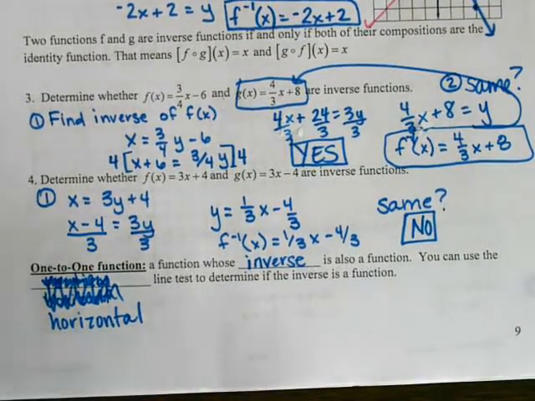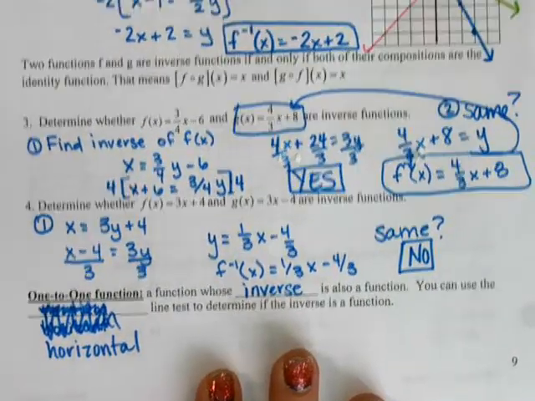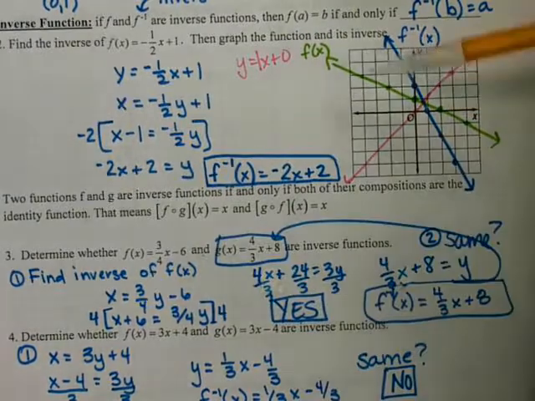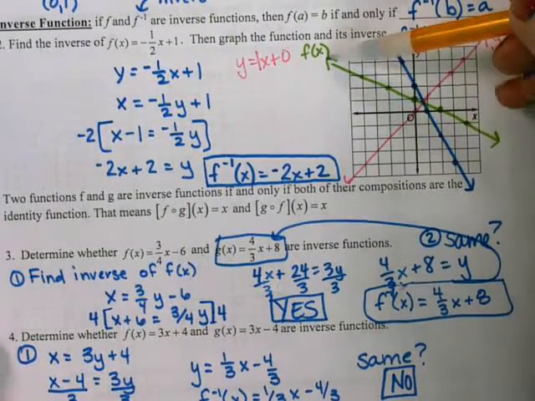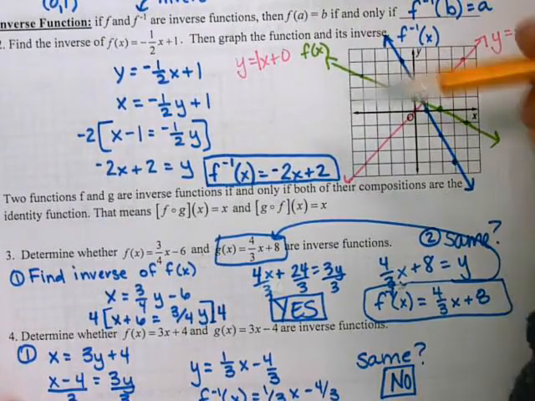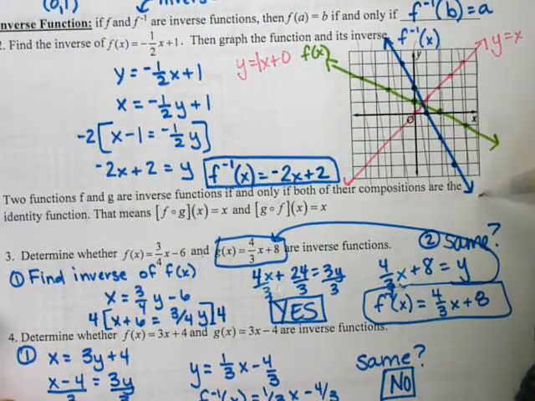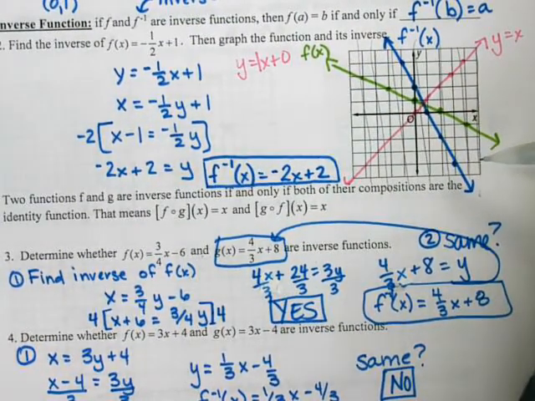So, just a reminder, let's look at our graph, and I will tell you what that means. If I look at my original, the green one here. Remember, the vertical line test means I can draw a line anywhere, and I will only touch my graph once. Remember that?